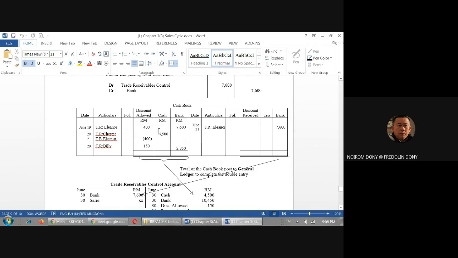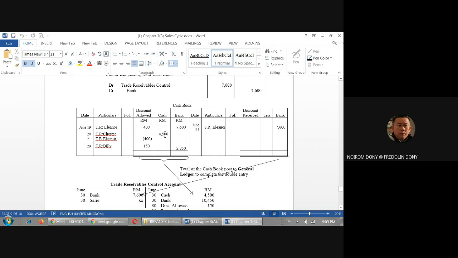This is a prime entry, a listing. Because we receive payment from Eleanor in check, we record in the bank column 7,600, and the other 400 will be discount allowed. Then receiving cash from Chester, record in the cash column 4,005.